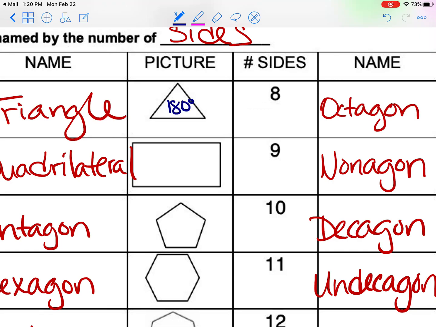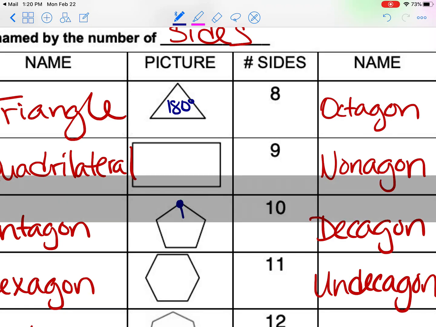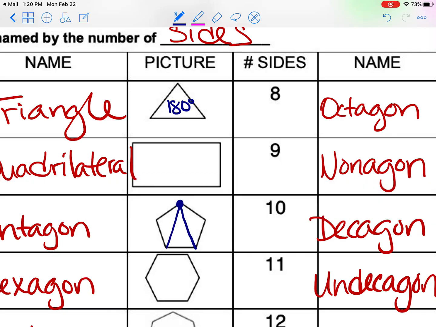So let's say I take this pentagon, the 5-sided figure, and I pick a vertex and I cut it into some triangles. So I connect all the non-adjacent vertices. So not this one here I just did because that's an adjacent side. So we want to do the non-adjacent ones. We see that it creates 3 triangles. Do you see that? 1, 2, and 3.